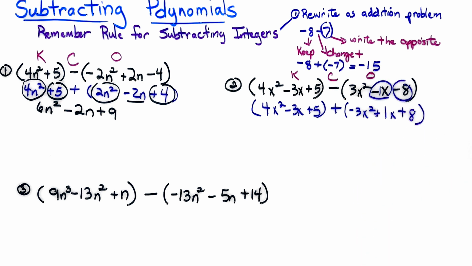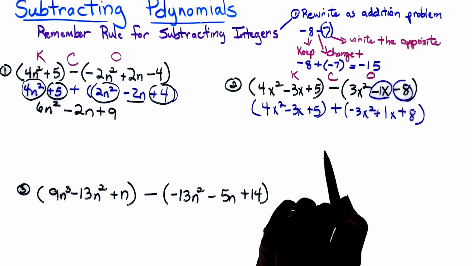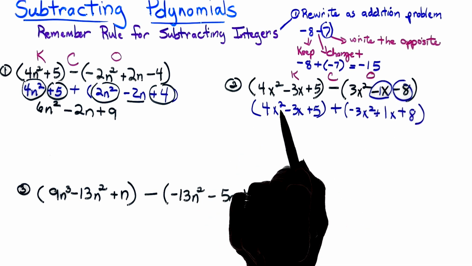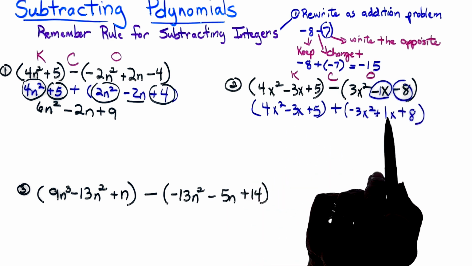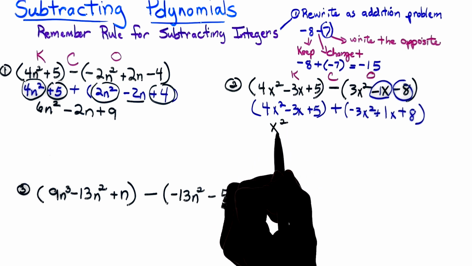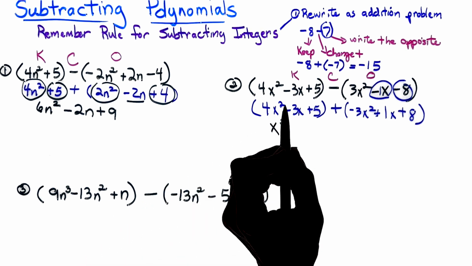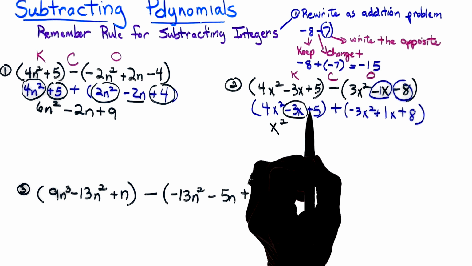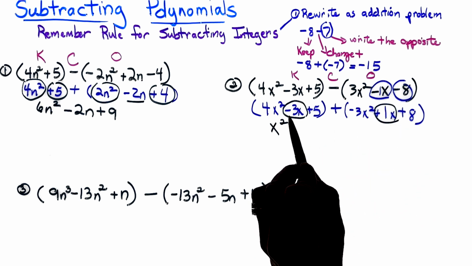Now all we have left is to put together our like terms. So now I'm looking, and my highest exponent is x squared. So 4x squared plus a negative 3x squared is x squared. We don't have to put the 1, it's understood. Now I'm looking at my x's, and I have a negative, notice I caught the sign in the front.